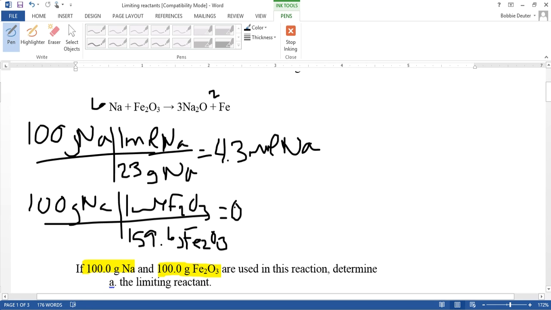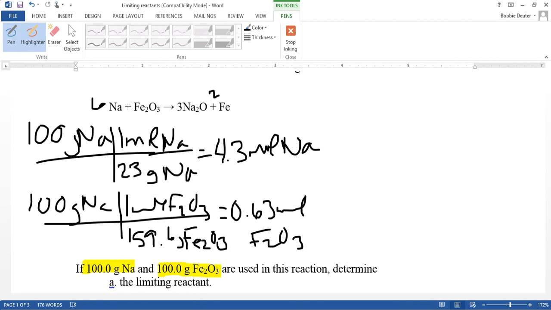And we get 0.63 moles of Fe2O3. Okay, so now that we have both converted into moles, step 1's done. Now we can look at our balanced chemical equation and see if we have the right ratio. So we want to make a proportion for this.